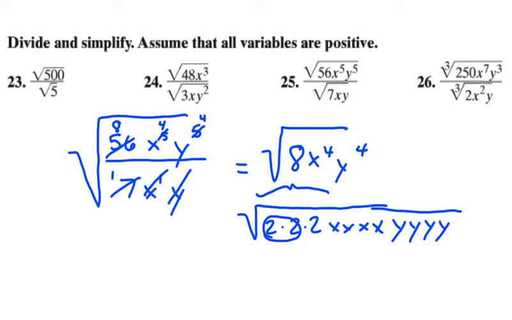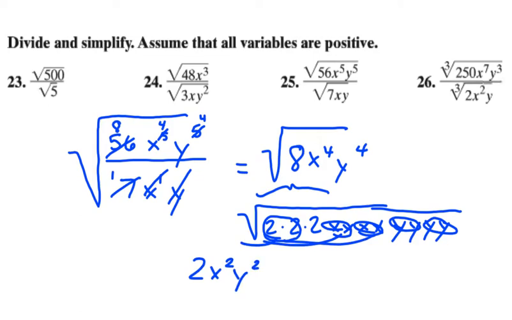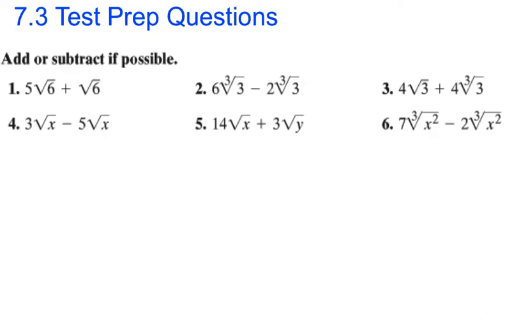So we've got 2 2's, 2 x's, 2 x's, 2 y's, 2 y's. So we are going to pull out 2, x's, and y's. So that would be 2x squared y squared, and then the square root of 2. Now that's done.